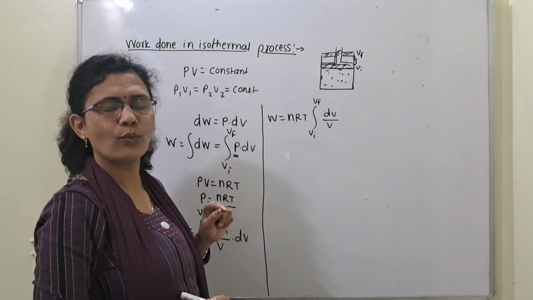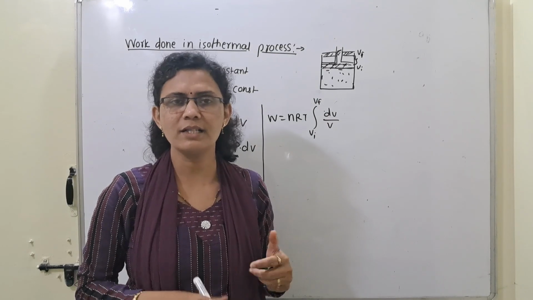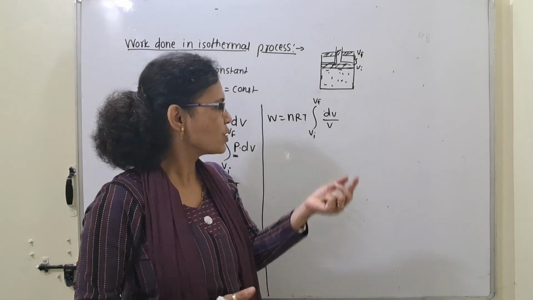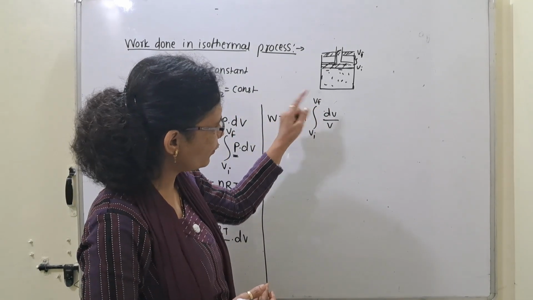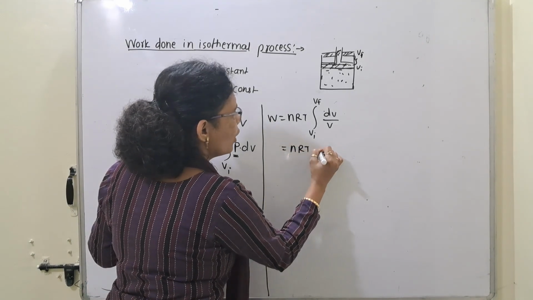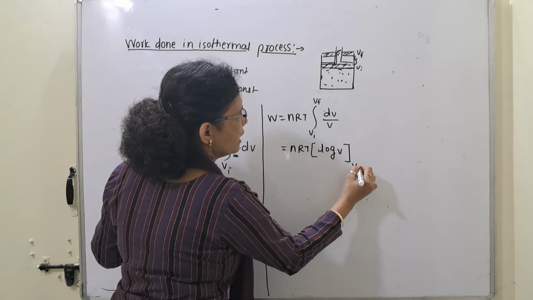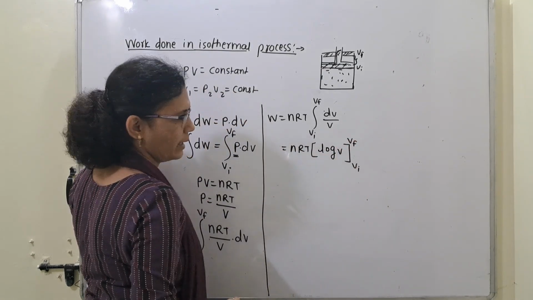And you know what is the integration of 1 upon x? It is log of x. Right? So here there is a 1 upon V dV. What will be the integration of this? That will be log of V from Vi to Vf.